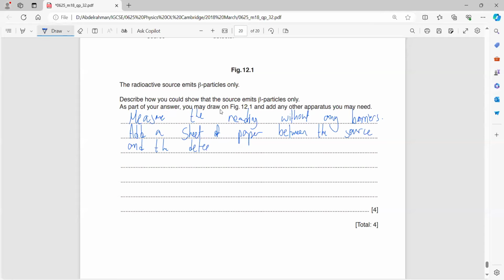In a question like this, we should state the positive result, right? If the result is positive, we write the result. Okay. Add the sheet of paper between the source and the detector. The reading shouldn't change.